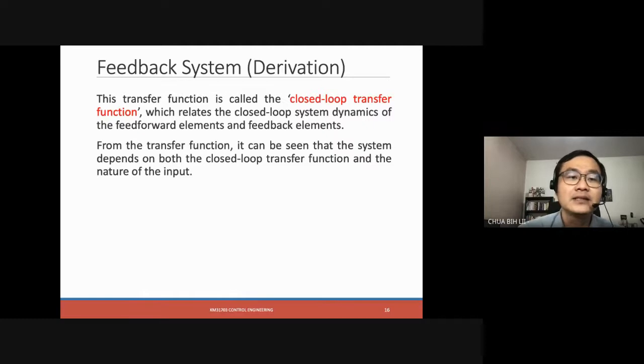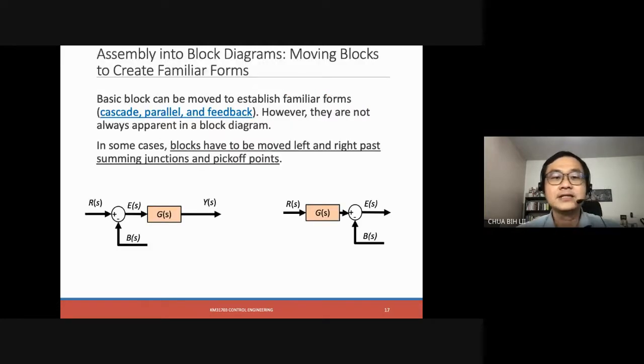These transfer functions, we call it a closed loop transfer function. Closed loop transfer function, you can see the looping over there. All right, the next one would be how we can assemble them into block diagrams. Sometimes when we try to simplify it, it may not be that straightforward.